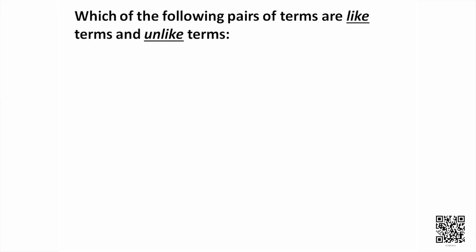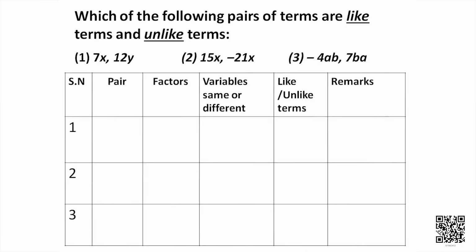Let us see which of the following pairs of terms are like terms and unlike terms. Look at the first one, second one and third one. We have examples, so I have made a table. In the first pair we have 7x and 12y.